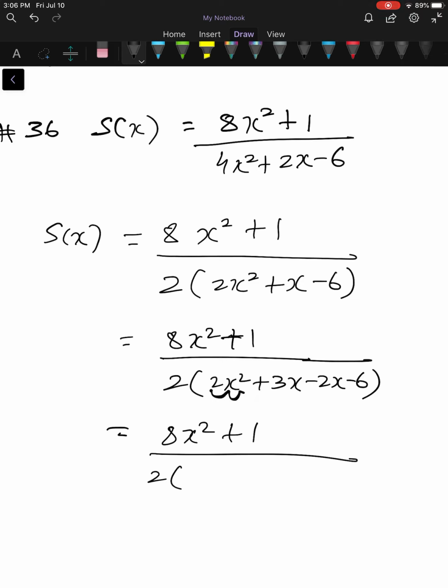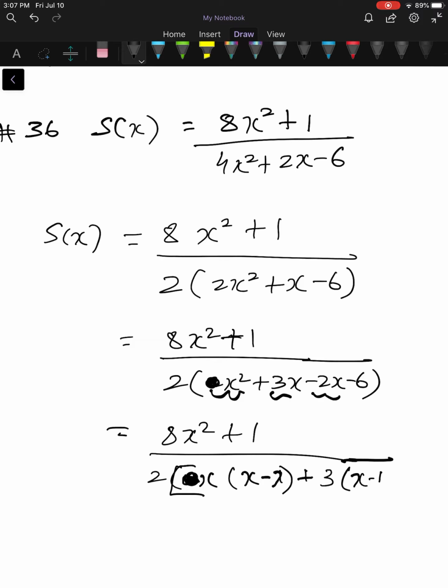If I consider this term and this term, it would be 2x common, and 2x times x minus 1, and this term would have 3 common, so 3 times x minus, oh, I'm sorry, I cannot have 2 here. I'm really sorry for that.